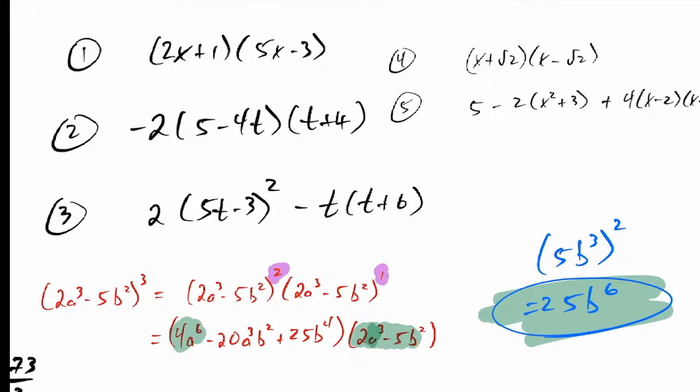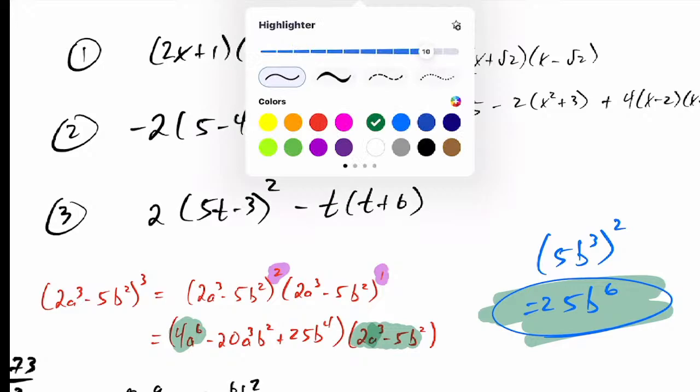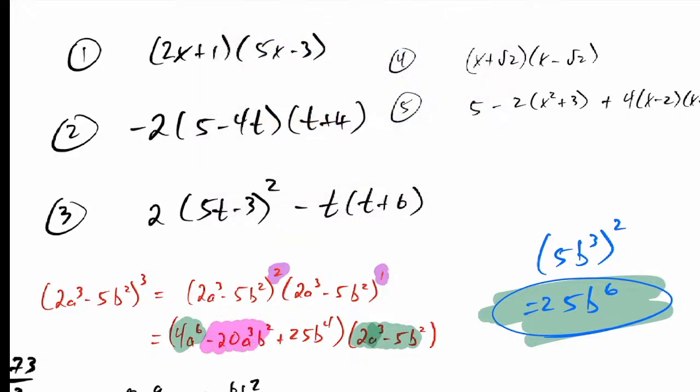8a to the power of 9 minus 20a to the power of 6 b to the power of 2. And then we'll take a look at the next one, and I'll multiply by these two now.